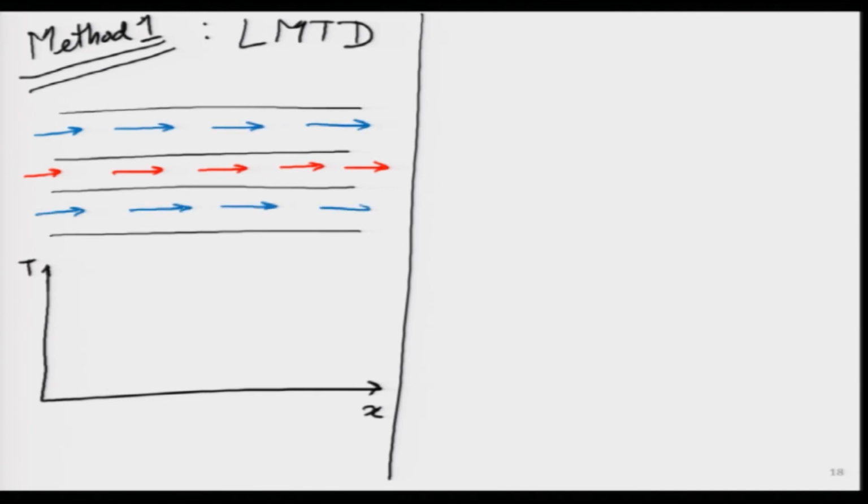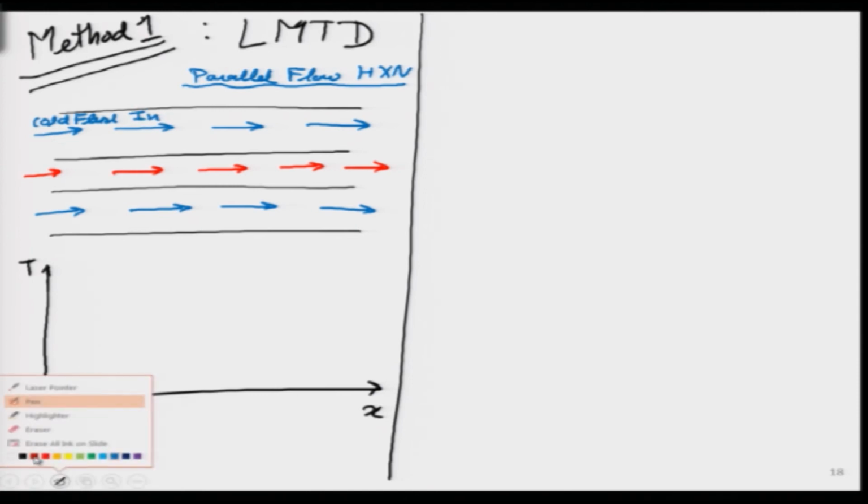Sorry for the confusion. So, we are looking at a parallel flow heat exchanger, and I think these blue and red arrows are self indicative: this is the cold fluid inlet, and the red one is the hot fluid inlet.